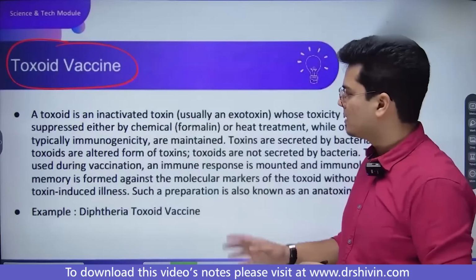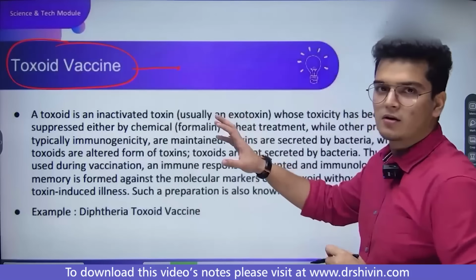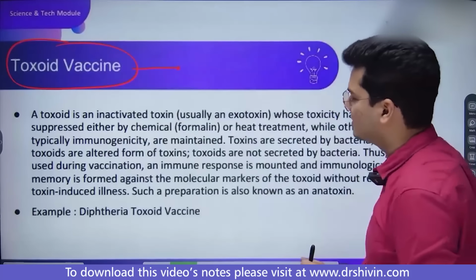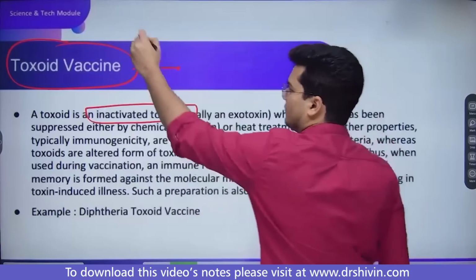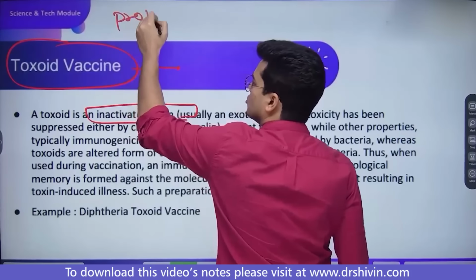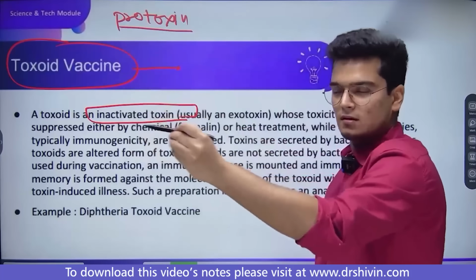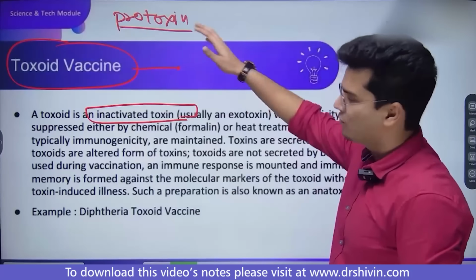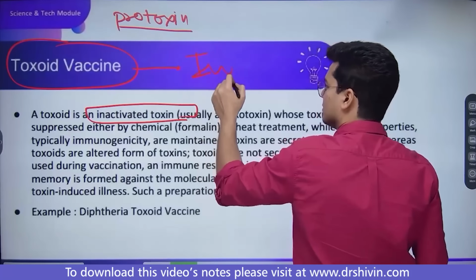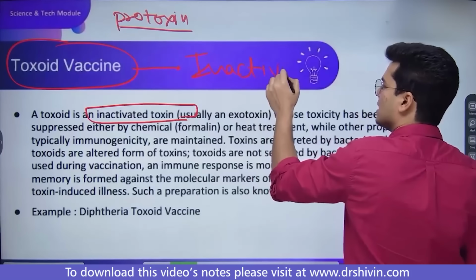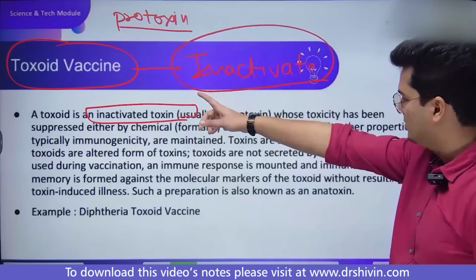Toxoid vaccine. What is toxoid? First, we have to understand toxoid. Only then we can understand toxoid vaccine. So toxoid is an inactivated toxin. We have also seen protoxin. So protoxin is the previous stage of toxin. Before forming the toxin, what forms is protoxin. Once the toxin is formed and I inactivate it, I don't let it do its actual function, it will be called toxoid.